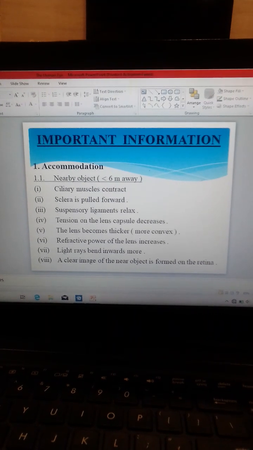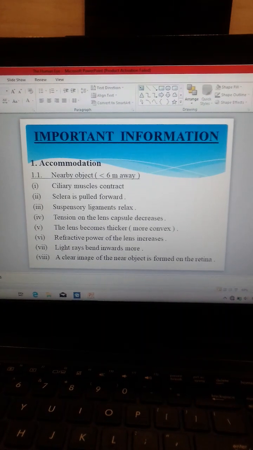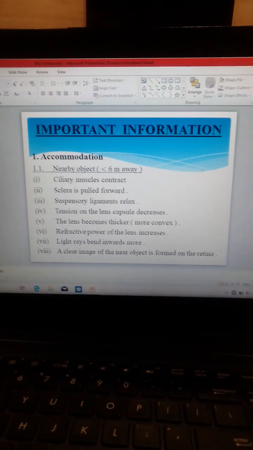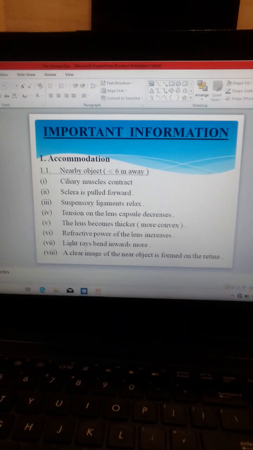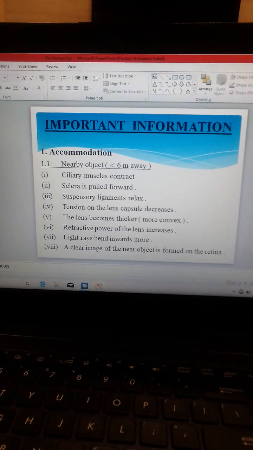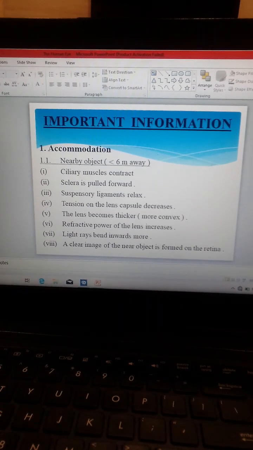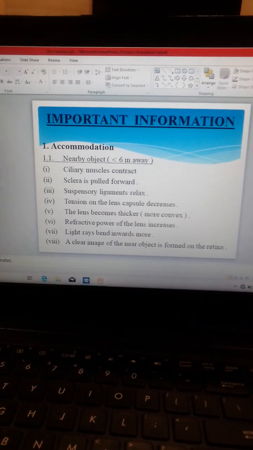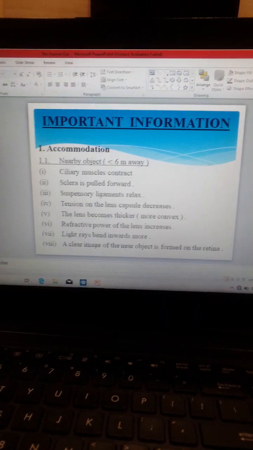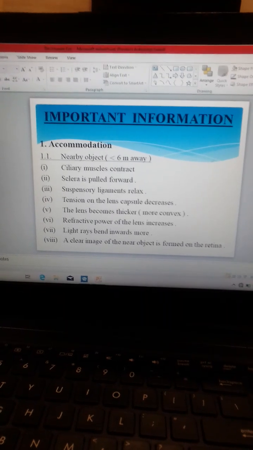When the object is distant, first the ciliary muscles will relax, the sclera returns to its normal position, the suspensory ligaments contract or tighten, tension in the lens capsule increases, the lens becomes thinner or less convex, the refractive power of the lens decreases, light rays bend inwards less, and a clear image of the distant object is formed on the retina. That's accommodation with a distant object.